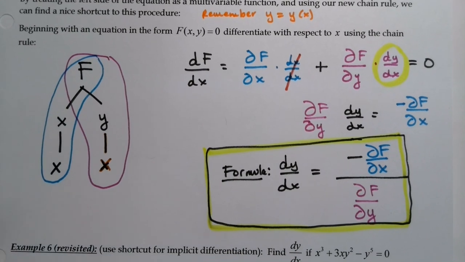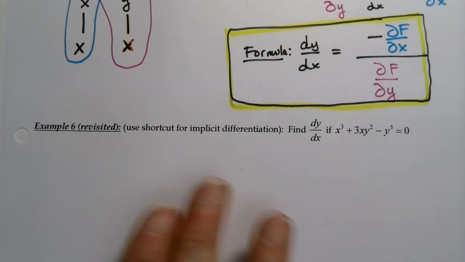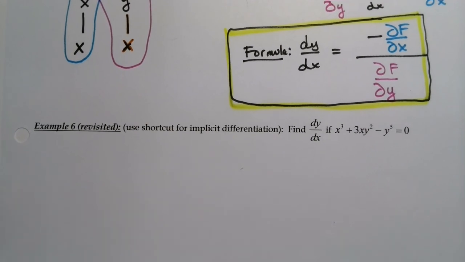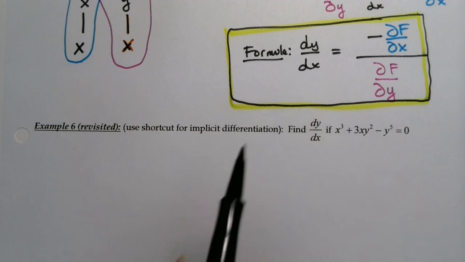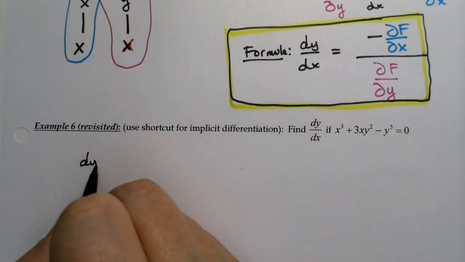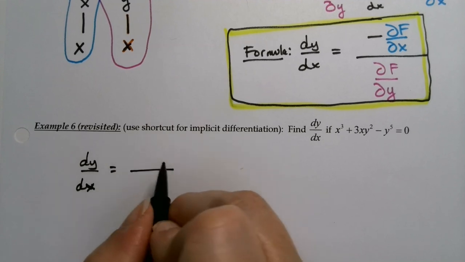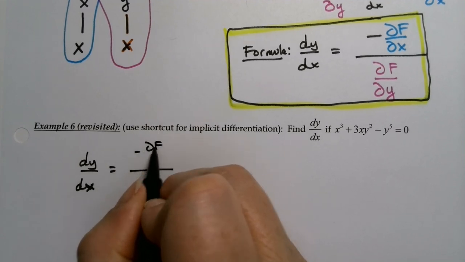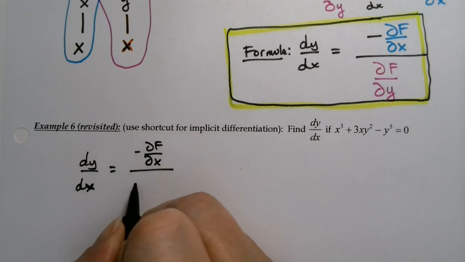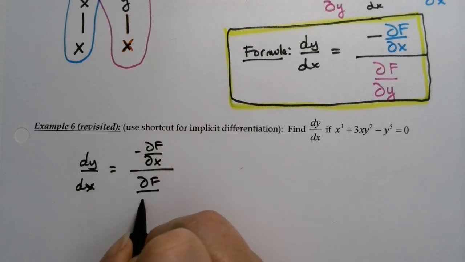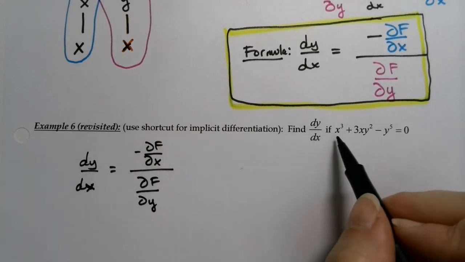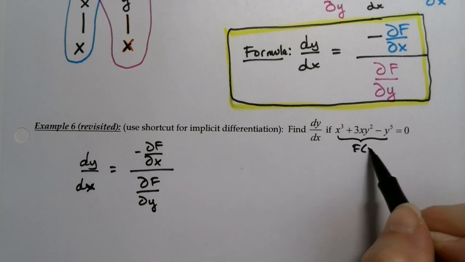Now let me show you why it's easier. Let's do it. Okay, so we have this function right here that we just did in a Calculus 1 way. According to my formula, if I want dy dx, I want the negative partial derivative of f with respect to x over the partial derivative of f with respect to y, keeping in mind that this function right here is f of x comma y.